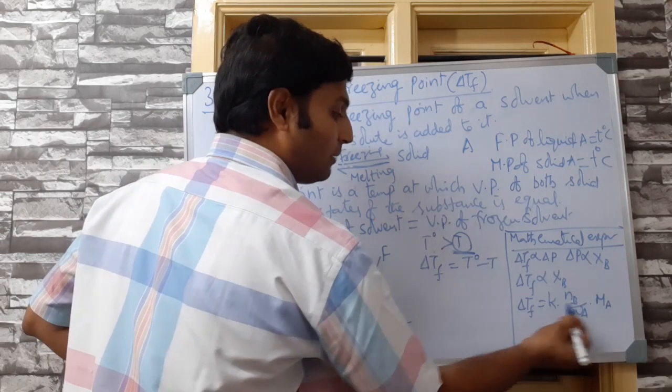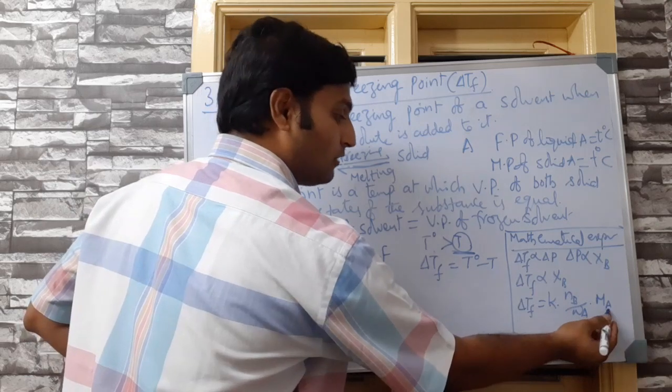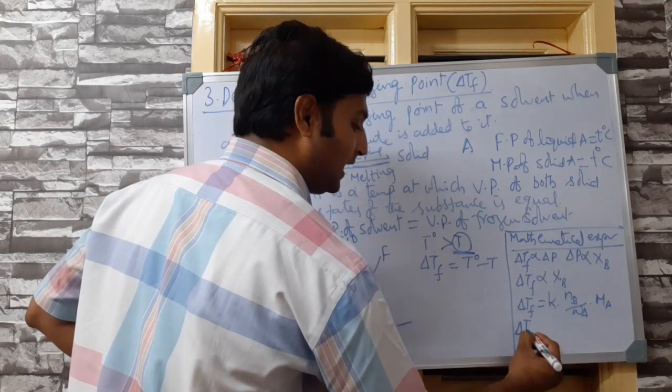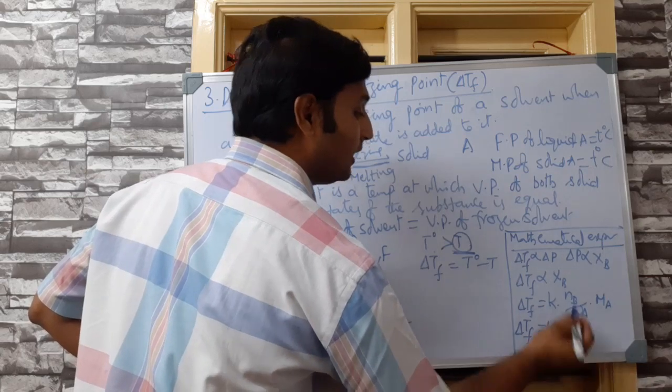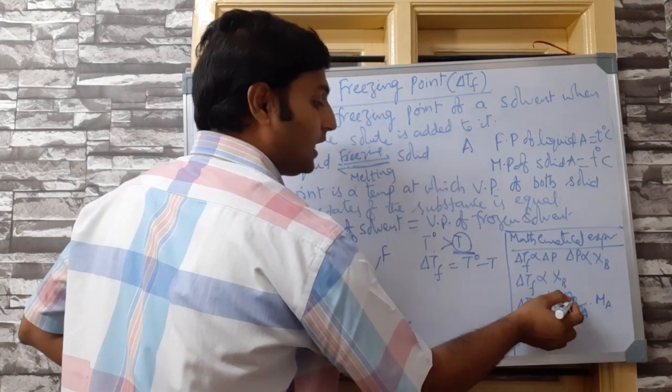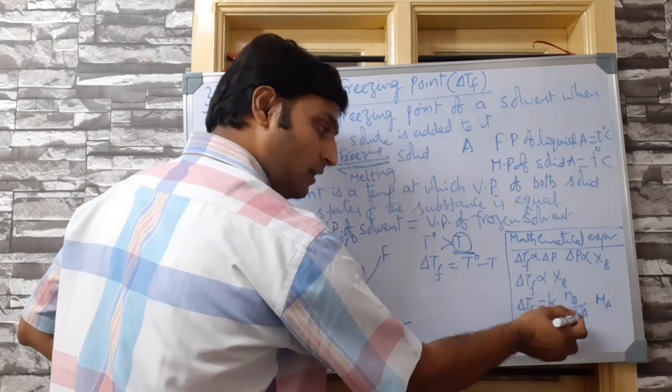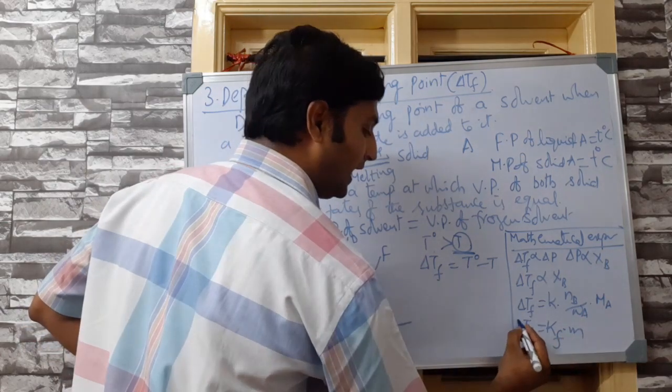Now K into MA both are constants, so the product of constants can be written as a new constant, and in this case that new constant is symbolized as Kf, and NB by WA, that is number of moles of solute divided by weight of solvent, can be written as molality.